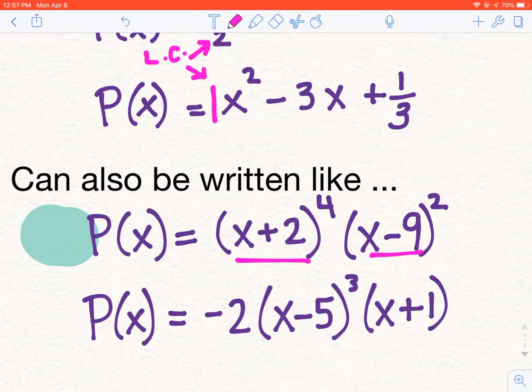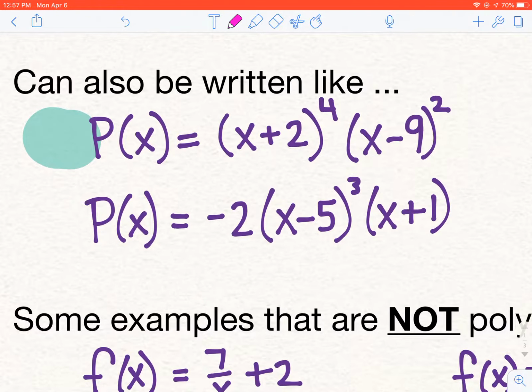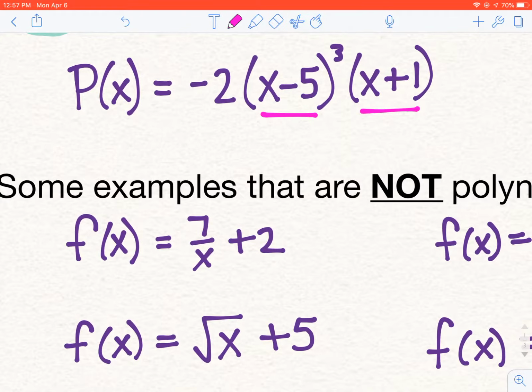That's how it's shown right there. So this one down here, that -2, is part of my leading coefficient. So this one is going to cross the x-axis at 5 and at -1. And those are some things we'll talk about in another video.